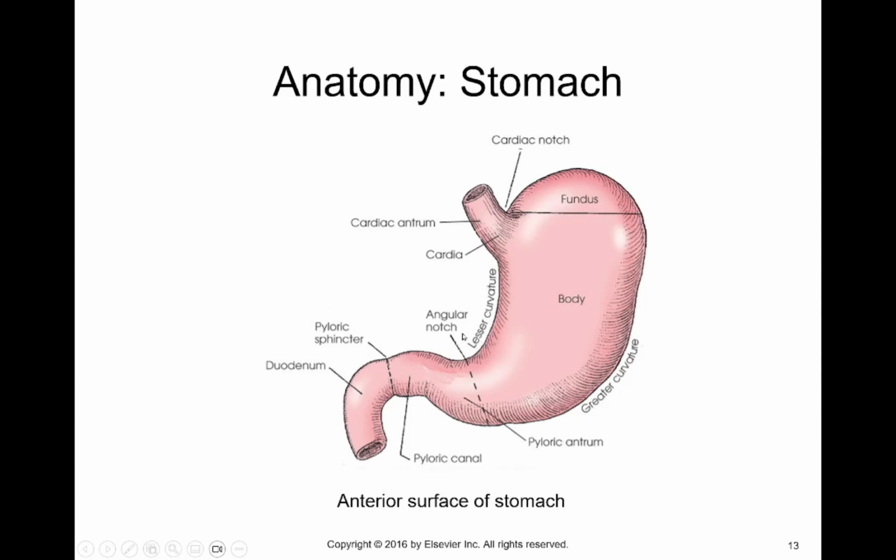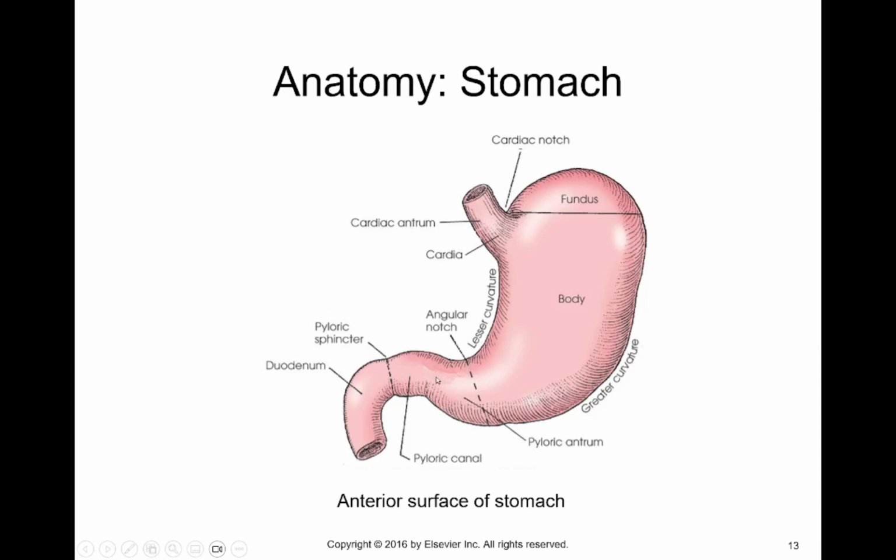Well, this is a lesser curvature on the medial side. And it's lesser because it's smaller, it's shorter, as opposed to the greater curvature on the lateral side. So you have fundus, you have body, lesser curvature, greater curvature, cardia, cardiac antrum, cardiac notch, pretty much all at the distal portion of the esophagus.